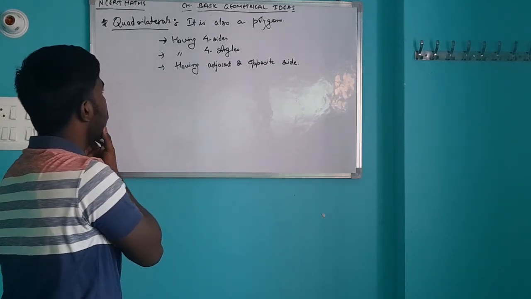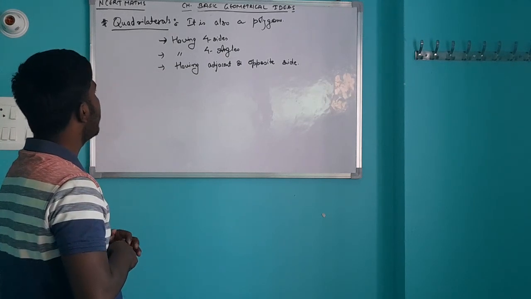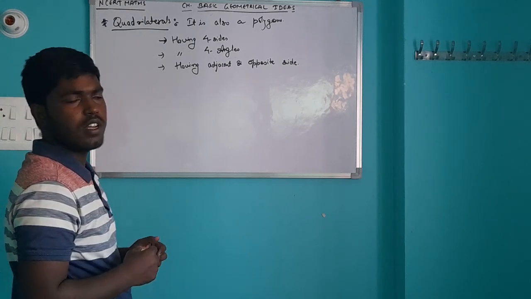So this is all about the quadrilaterals. It is that shape which has 4 sides, 4 angles and adjacent and opposite sides.